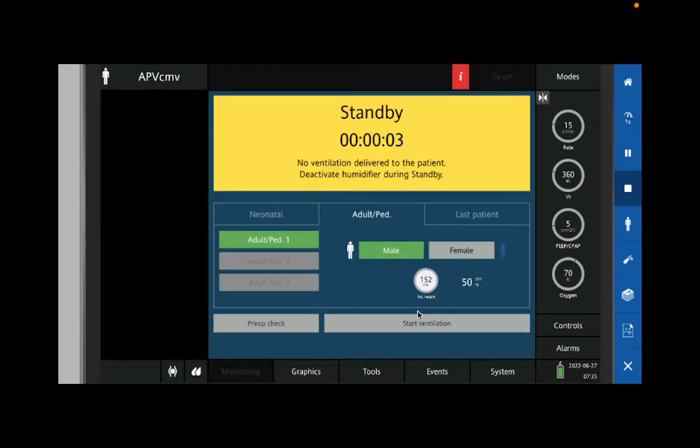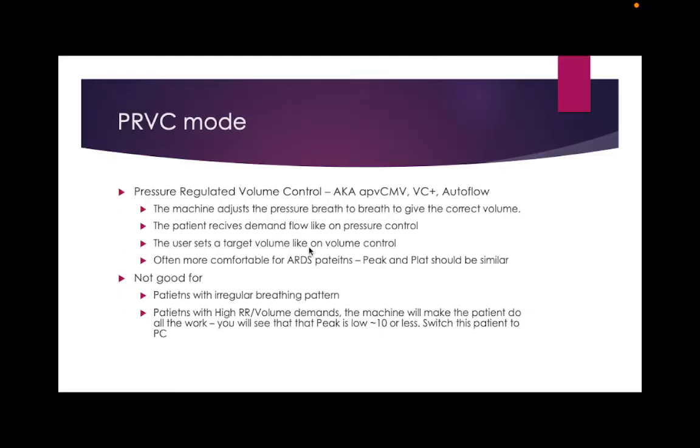Otherwise, for ARDS patients, it's a great mode because you can give them a little bit more flow and still regulate your volume, okay? So there is AC PRVC mode and SIMV PRVC mode. Does that make sense?